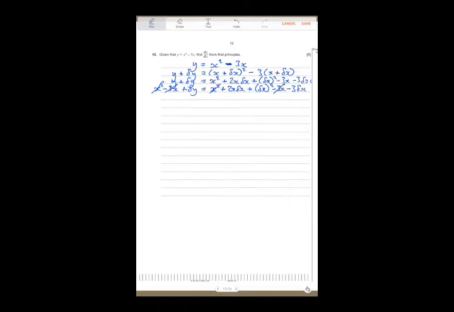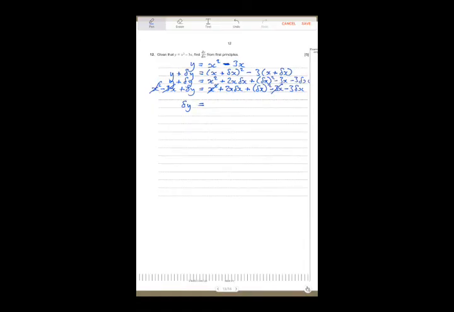And basically what happens, you are always left with delta y on the left hand side and any term that has delta x as part of it on the right hand side. So this had delta x in the term, so 2x delta x. Obviously delta x all squared will still be there, and the last term minus 3 delta x. Okay, so we're almost getting there.